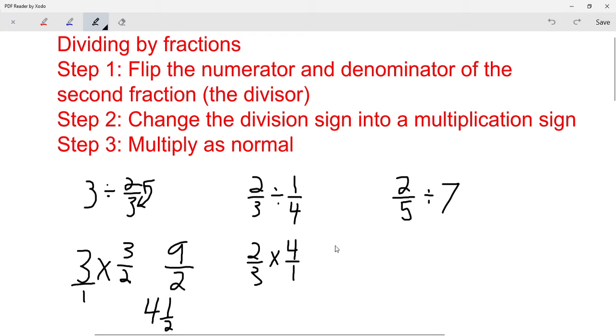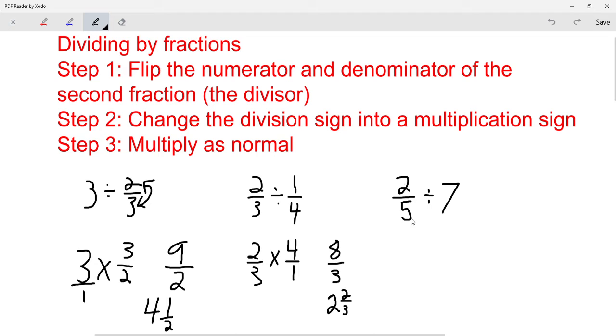So 2 times 4 equals 8. 3 times 1 equals 3, so that equals 8/3. Or 2 and 2/3, because 3 goes into 8 2 times with a remainder of 2, and the denominator stays the same, so it would be 2 and 2/3.